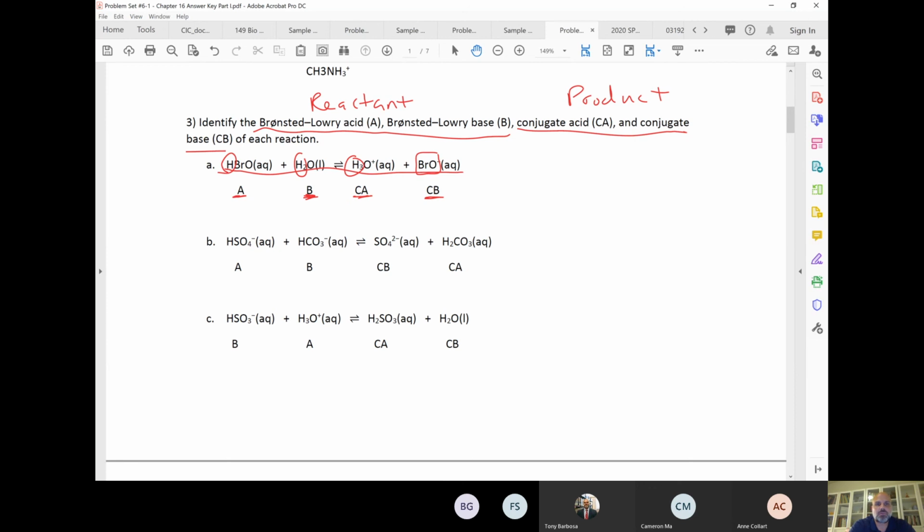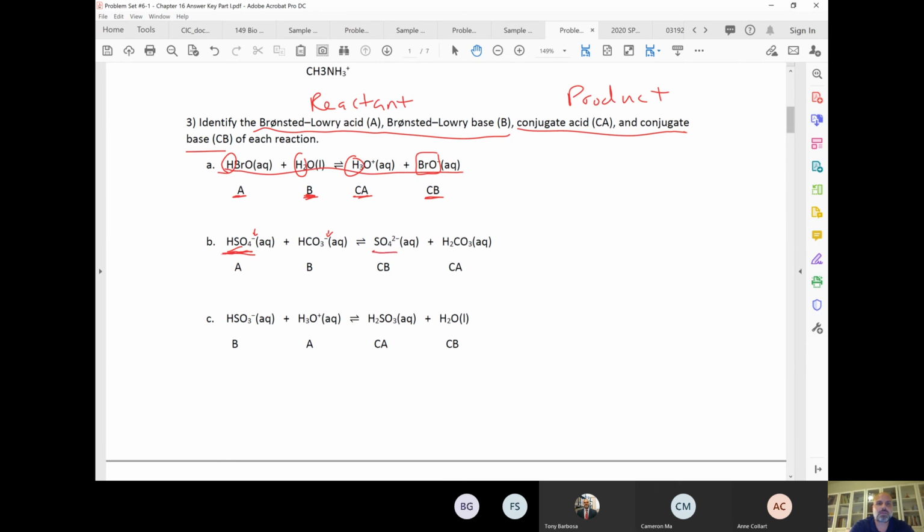The next example, you have to pay closer attention to because it has 2 different substances, both negatively charged. So you have to pay attention to which one is losing the proton. It's simply a comparison. You have the substance on the left, the HSO4 minus.